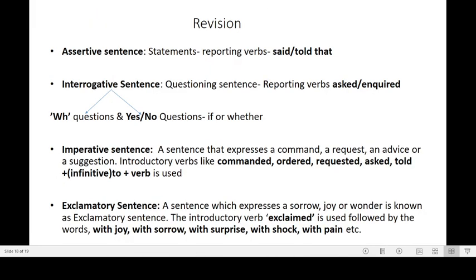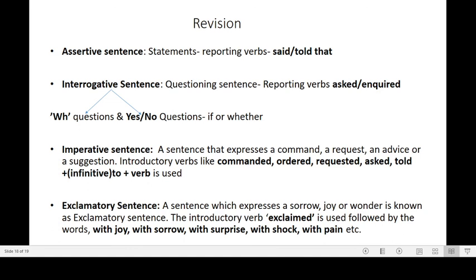Now let's recapitulate all that we have learned in this session. We have learned four types of sentences and the rules to be followed while changing these sentences into indirect speech. The first type of sentence that we looked at was the assertive sentence. Assertive sentences are statements, and we should use the reporting verbs said or told that.